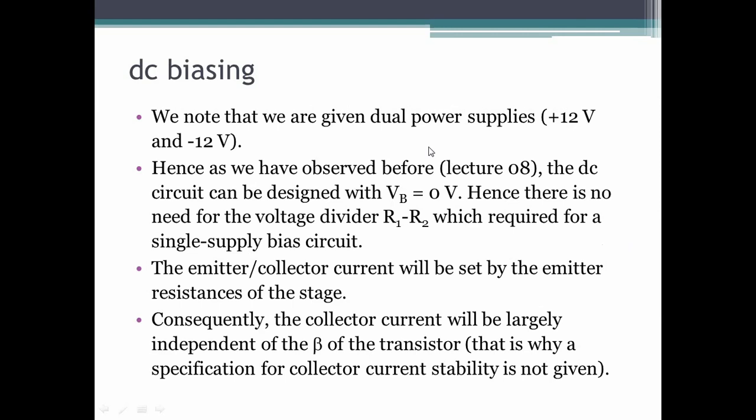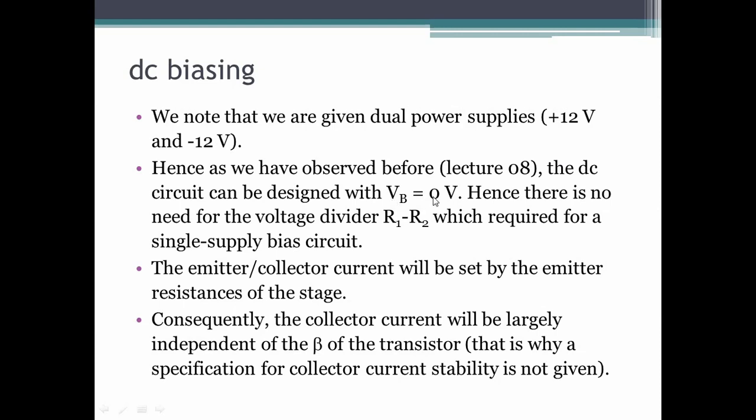Okay. A couple of comments about the DC biasing. So we are given dual power supplies, and we had observed before in lecture 8, you can go back and look, that because we have plus 12 and minus 12, the base voltage at the input of the amplifier can be 0.